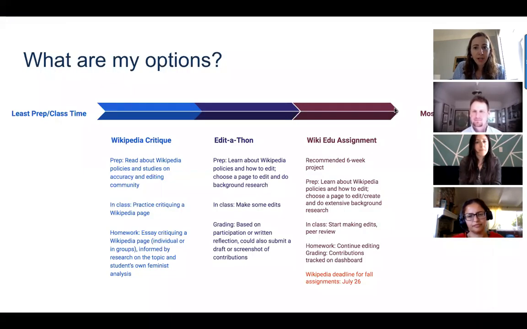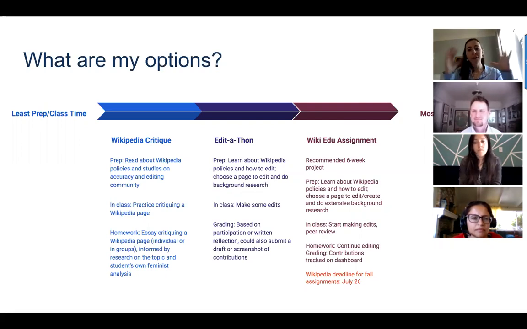There are a variety of options of what you can do with Wikipedia, going from the least amount of prep time and class time to maybe the most. Let's start with the most amount, on the right-hand side.